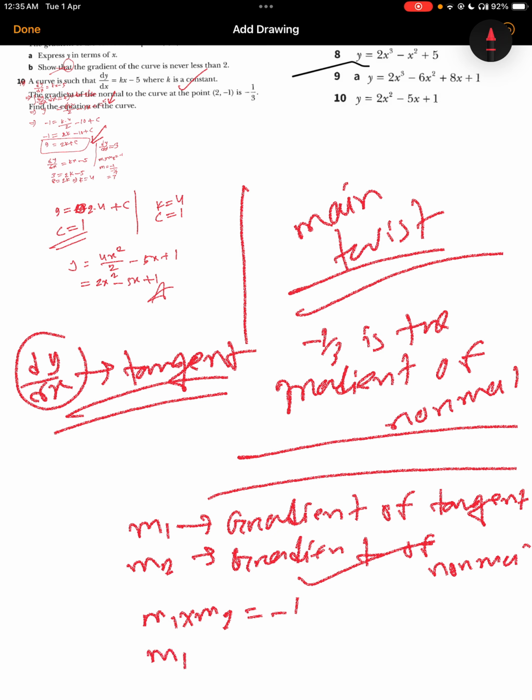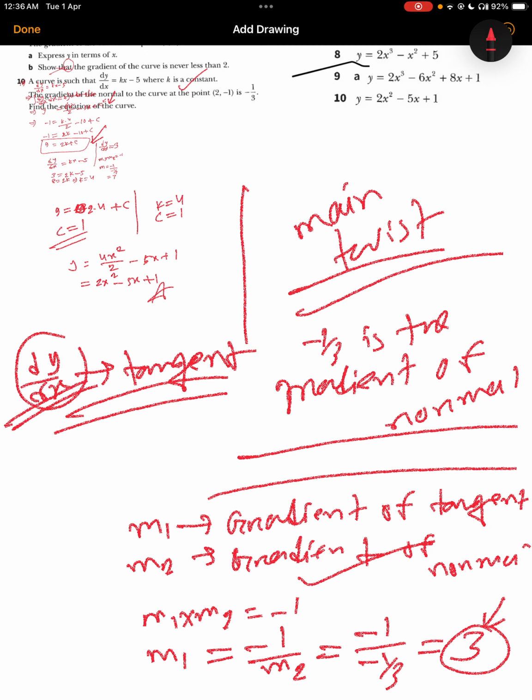If I want to make m1 the subject, it is -1 divided by m2. Minus 1 is fixed from the formula, but m2, the gradient of normal, is given as -1/3. So the gradient of tangent, which is 3, should be used in this part. So this is the fact, guys.